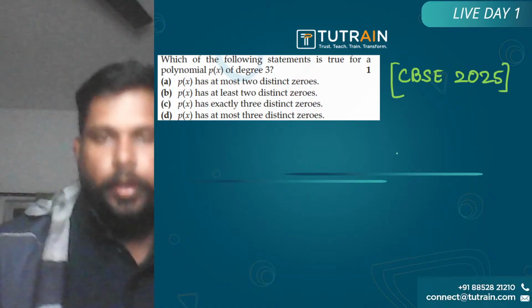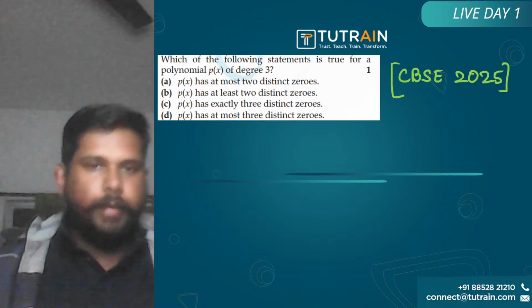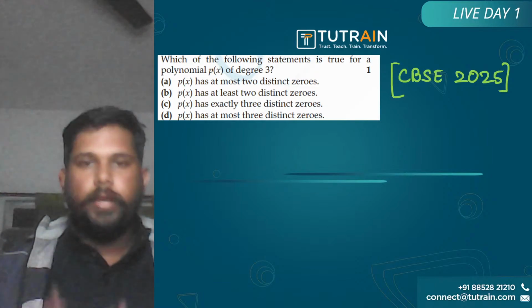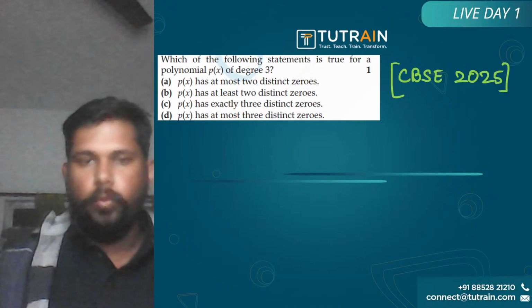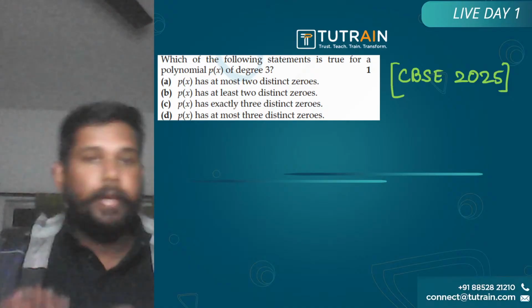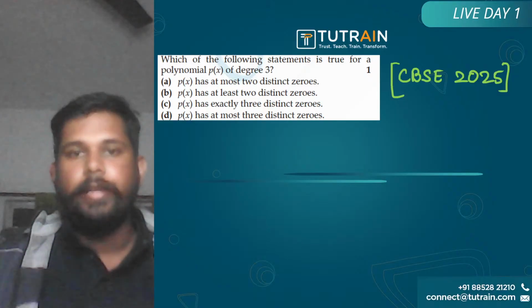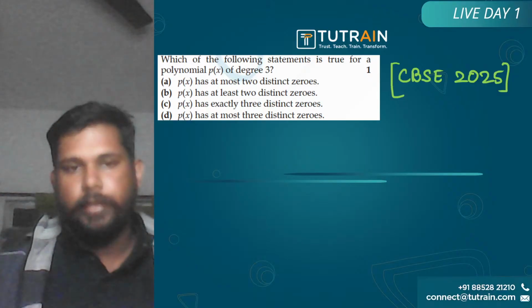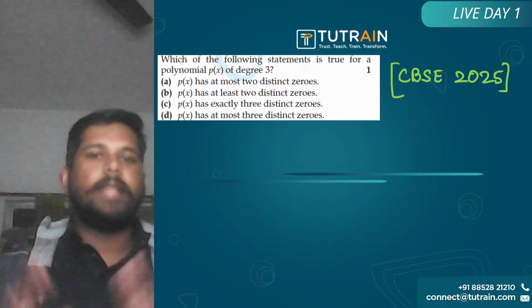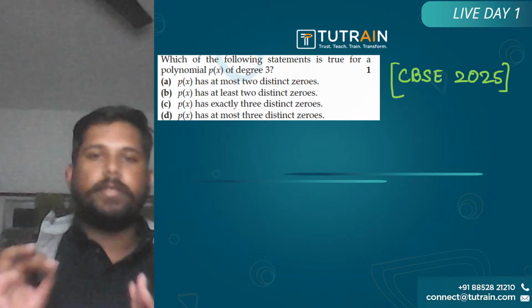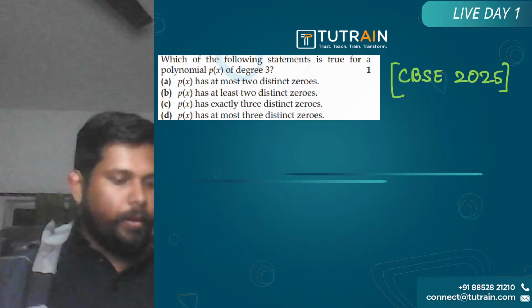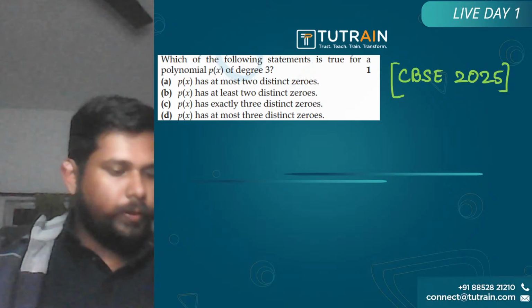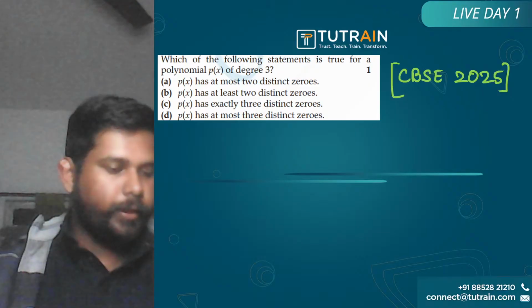The options are: p(x) has at most 2 distinct zeros, p(x) has at least 2 distinct zeros, p(x) has exactly 3 distinct zeros, or p(x) has at most 3 distinct zeros. Let us type it in the chat box and see who can get the correct answer.